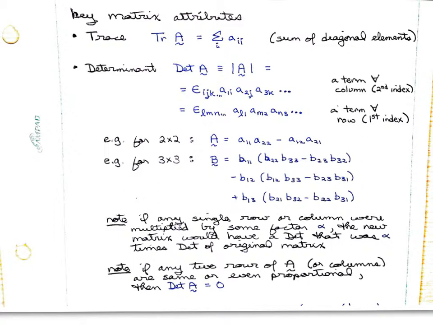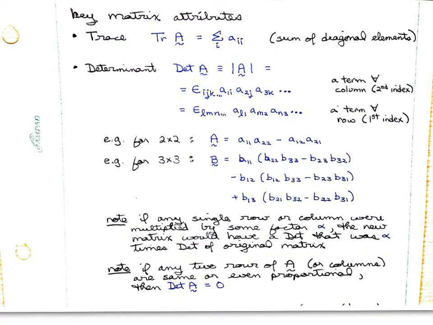A second attribute is called the determinant, which is sometimes written in this way, with vertical bars surrounding the matrix. There are a couple of different ways to represent the determinant. One is as a sum of terms where there's an element for each column of the matrix, or equivalently you can write it as a sum of terms where each row of the matrix is included.